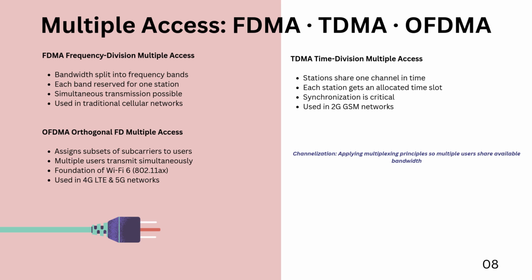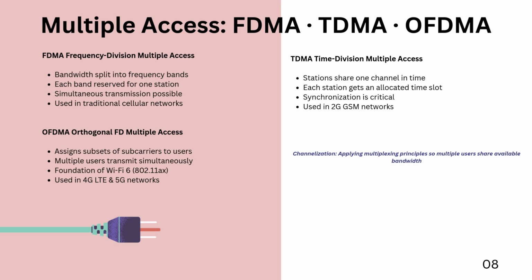Multiplexing manages signals, but multiple access manages multiple users. This is called channelization. FDMA is when each user gets a separate frequency band. TDMA is when users transmit in different time slots.